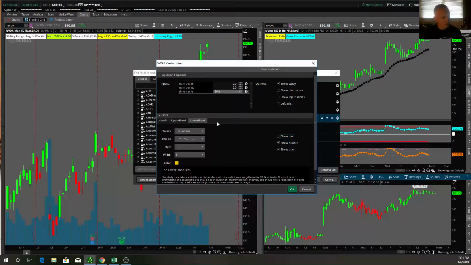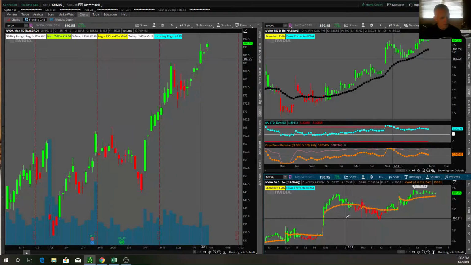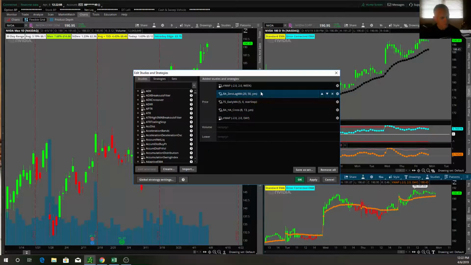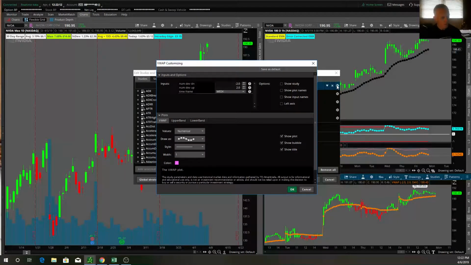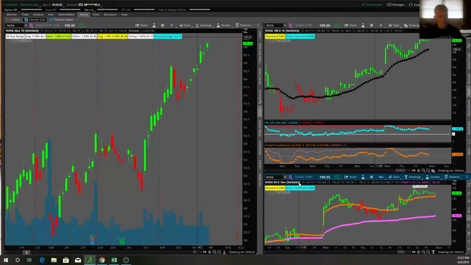Make sure that's deselected there because you don't need those upper and lower bands. All right, so that's what the daily looks like. Now let's look at the weekly. I've got the weekly a different color, different shape. Show study. All right, so you have two VWAPs.